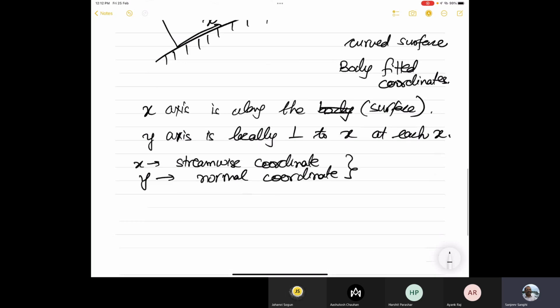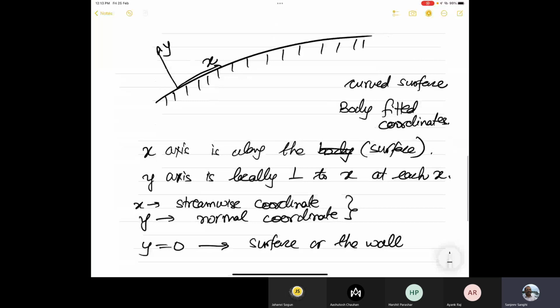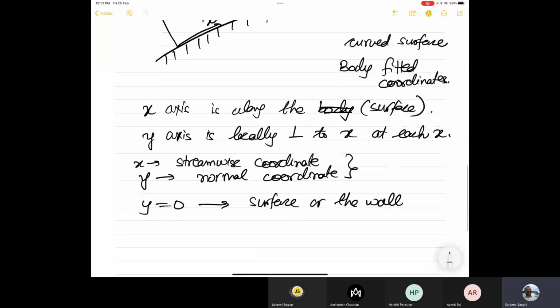Now, what is represented by y is equal to 0? So body surface. It represents the surface or the wall. y is equal to 0 gives us the equation for the wall, which is only a function of x. Okay, so that's what we get, and x and y are defined like this.